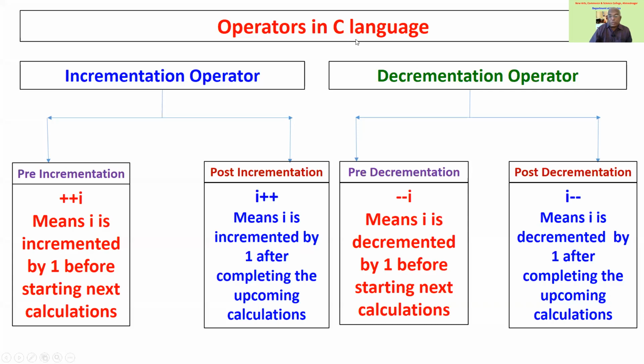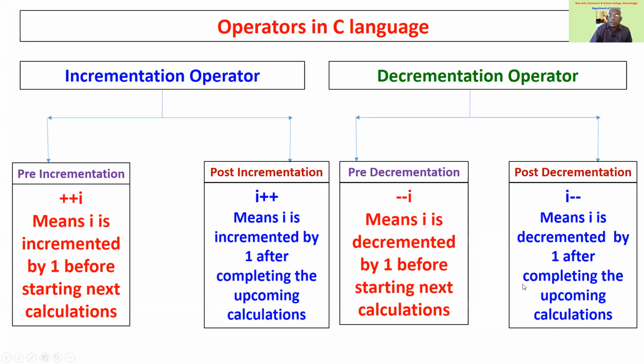See here also, minus minus I means I is decremented by 1 before starting the next calculation. Before starting the set of calculations, you are decrementing the value of I by 1. I minus minus means I is decremented by 1 after completing the upcoming calculations.